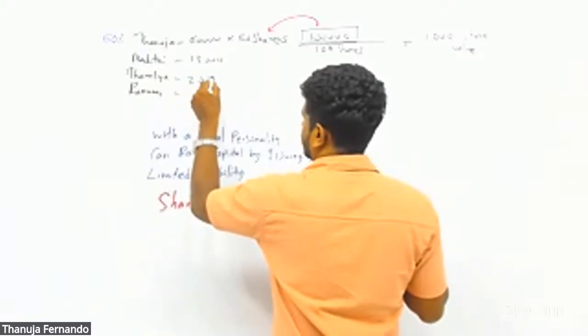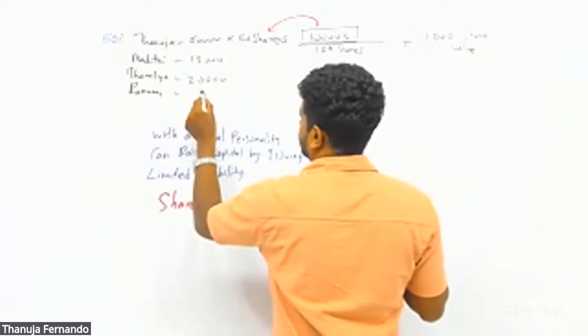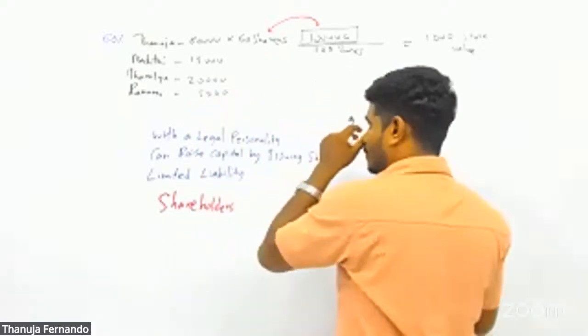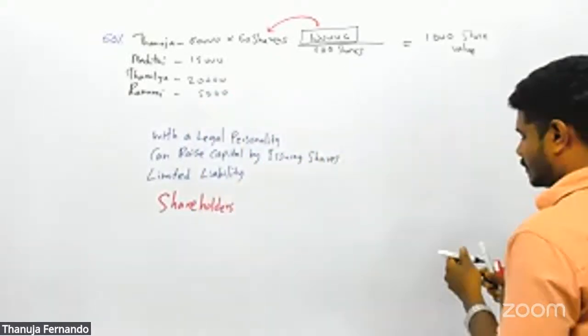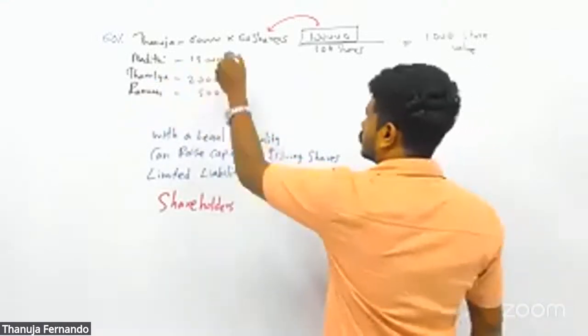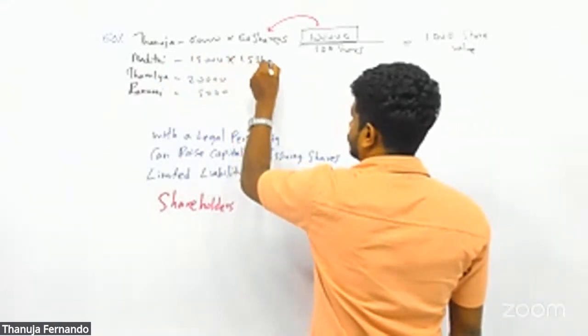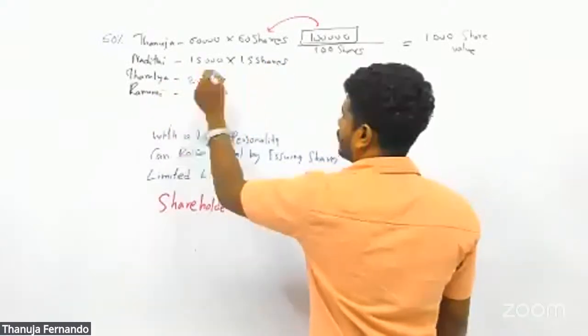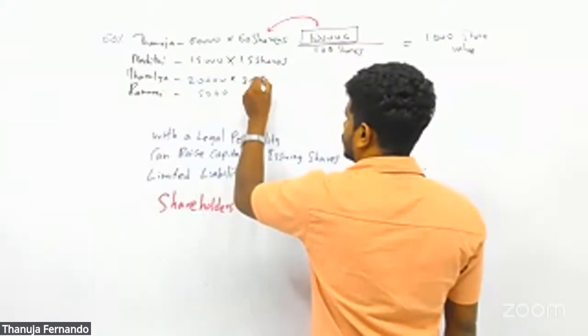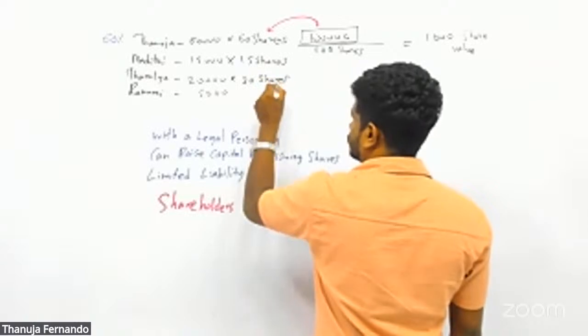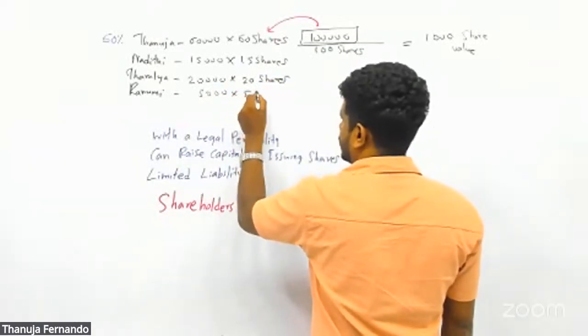And Ranu says, I have 5,000. Okay, then you take. Naditi takes 15 shares, Tarulya 20 shares, and Ranumi 5 shares.